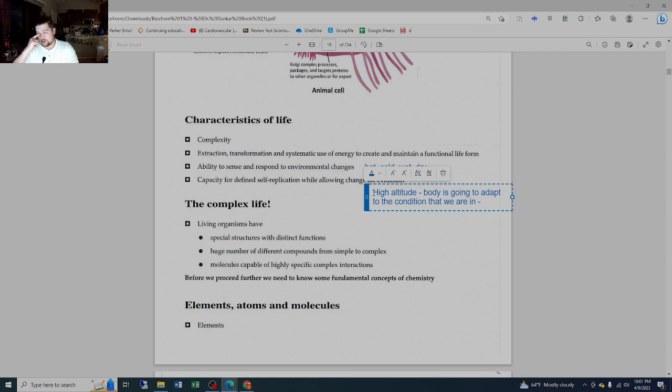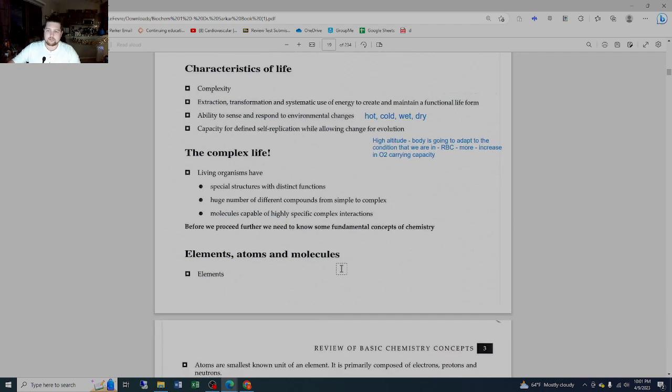So at high altitude, for example, we're going to be able to regulate especially our red blood cells. We're going to get more red blood cell production. We're going to have an increase in oxygen carrying capacity. These are going to be the evolution, the adaptations our body's going to make in order to help us survive the best.